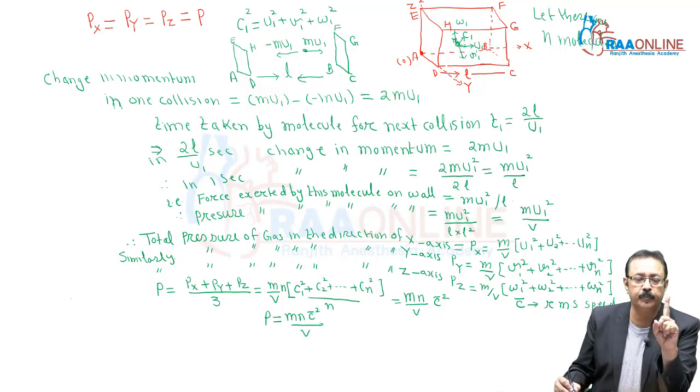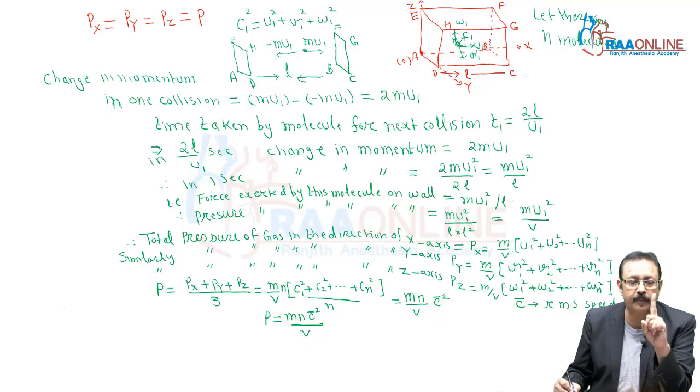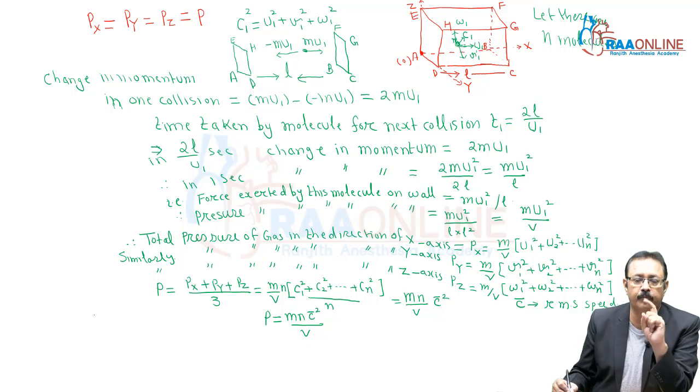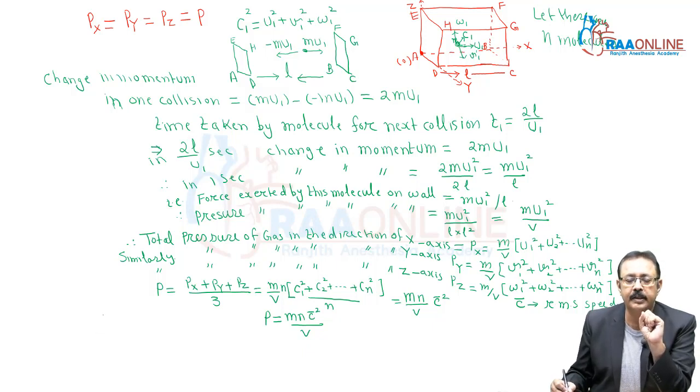What we assume: m means mass of one molecule. What was n? Total number of molecules. What is c bar? RMS value of molecule speed. What is V? Total volume of gas. What is P? Total pressure of gas.